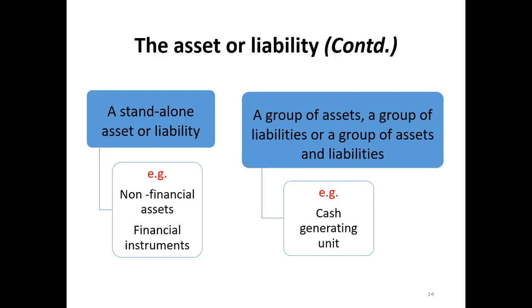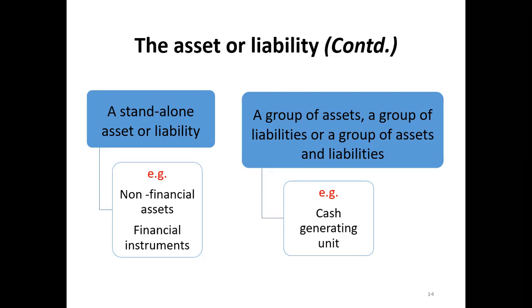So when it comes to a standard like SLFRS 9, it says that the financial instrument is the subject of measurement, and it would dictate the unit of account. Then when it comes to a standard like LKAS 36, the impairment of assets, there we discuss carrying out the impairment at the business unit level.